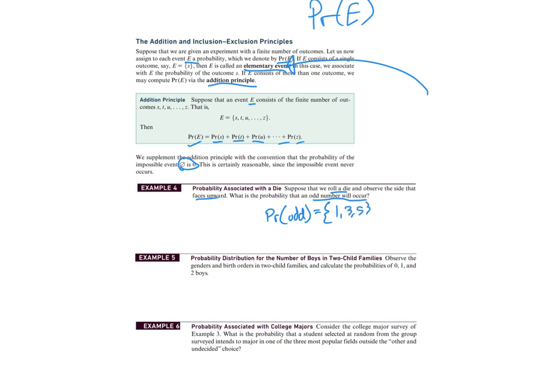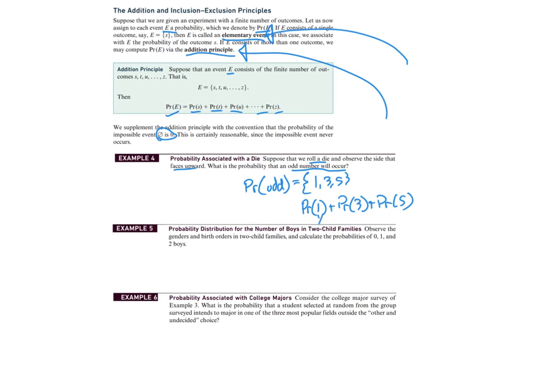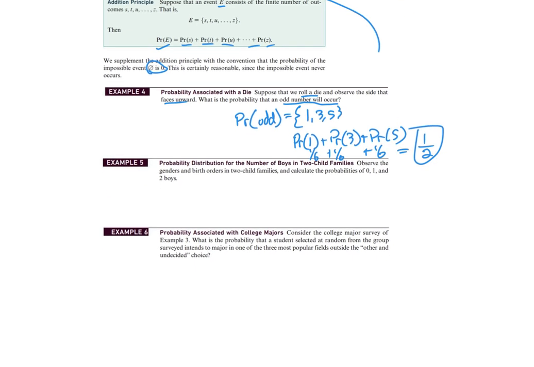So to find the probability, we use the addition principle. The probability of 1 plus the probability of 3 plus the probability of 5 is 1/6 plus 1/6 plus 1/6, which is 3/6 or 1/2. So that's all that addition probability means.